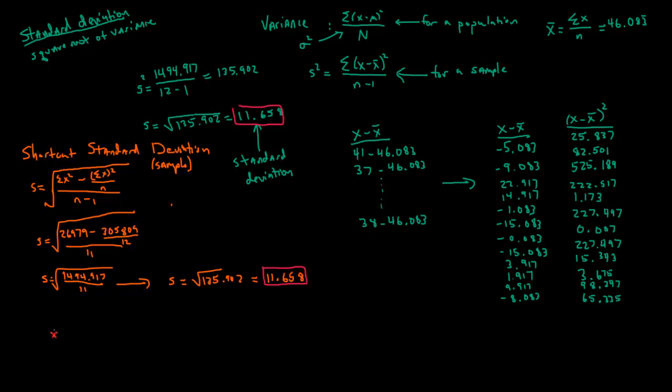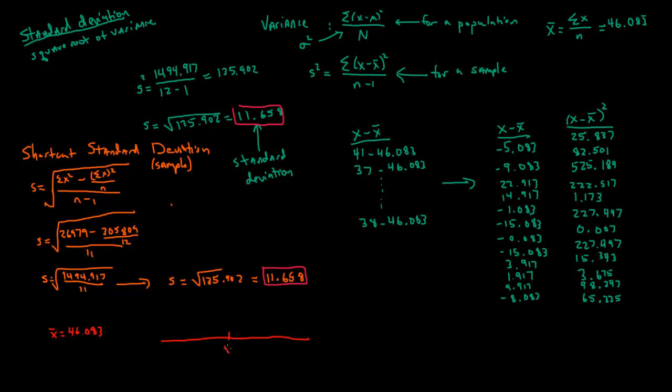X bar equals 46.083. If I add 3 standard deviations to that number, so 3 standard deviations would be 3 times 11.658.